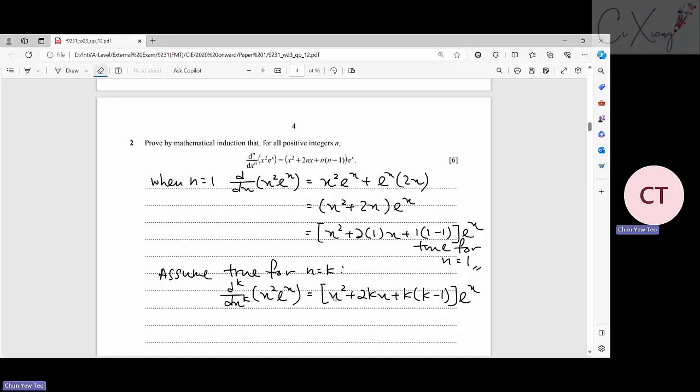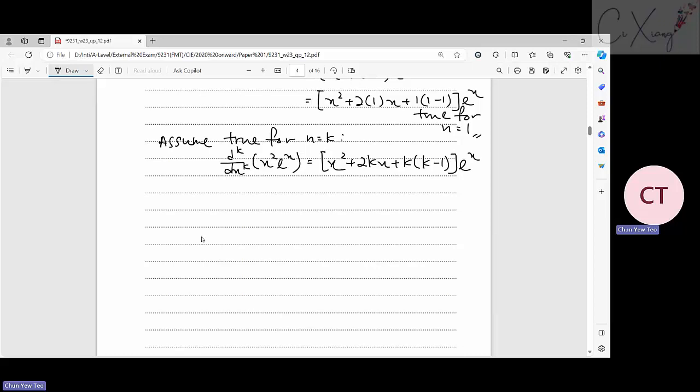So this is what we assume, okay? And we need to show that it will be true for n equal to k plus 1. So the first two steps are done already. Now we go for n equal to k plus 1.